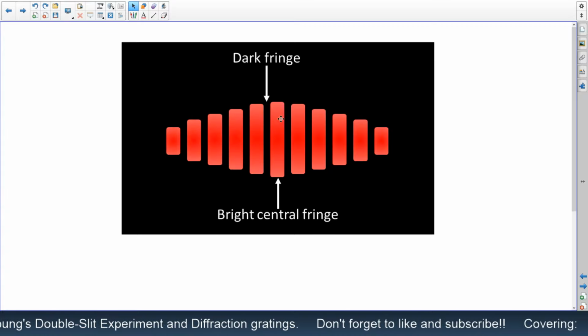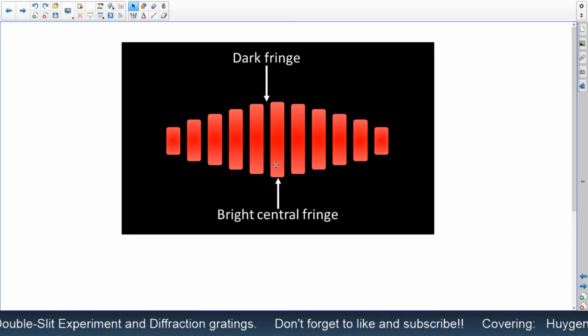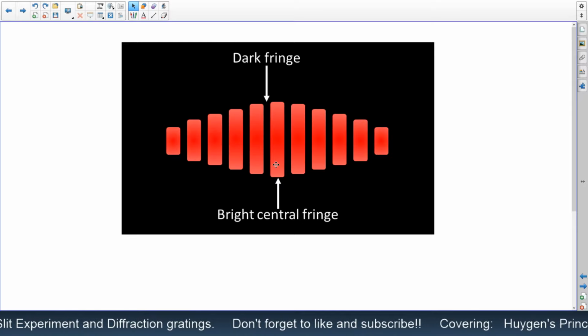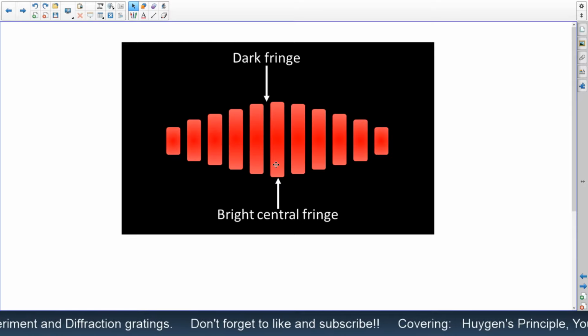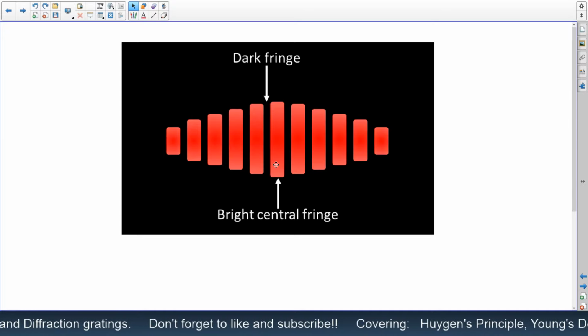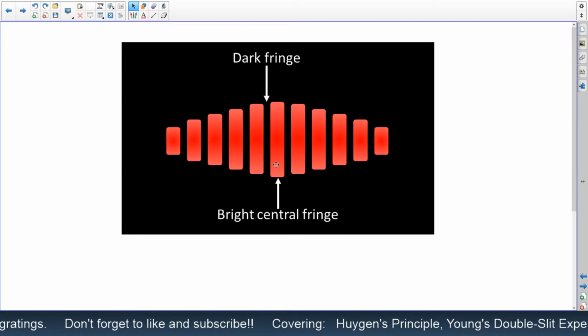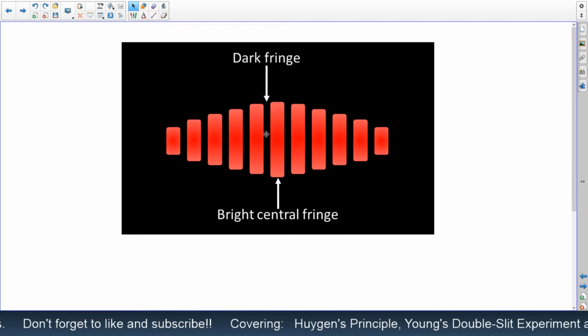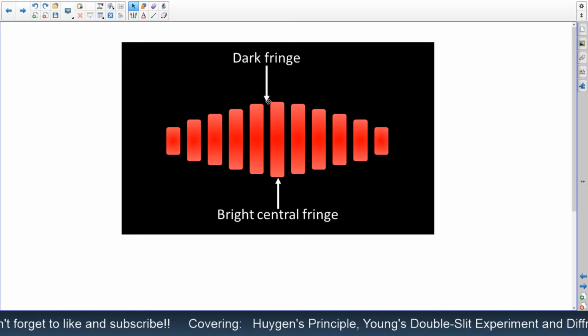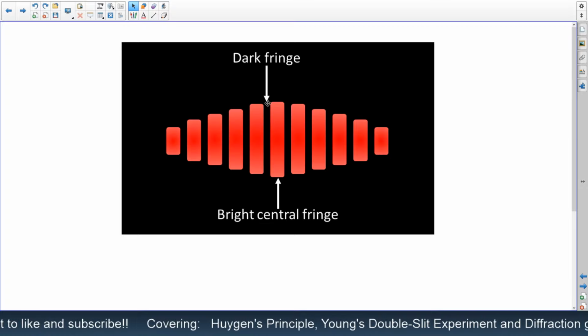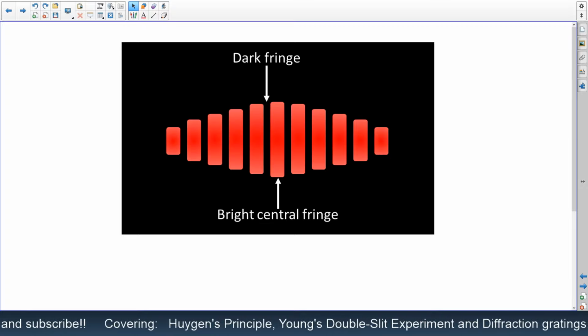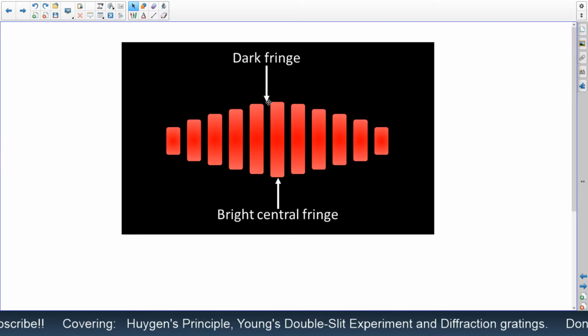Okay, this is where you get bright areas where two bits of light have arrived together in phase with each other, and they've constructively interfered with each other to become brighter. And then where a crest has met a trough consistently at a particular spot, you get completely destructive interference, and as a result, you get darkness occurring here.